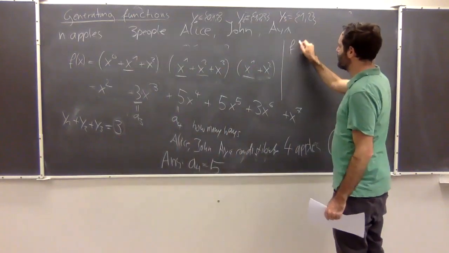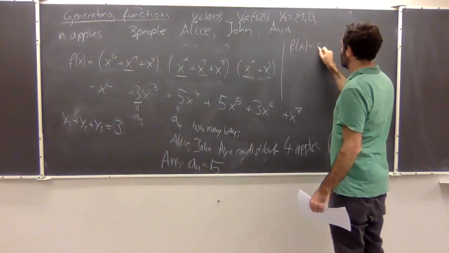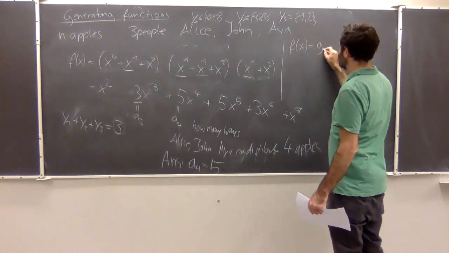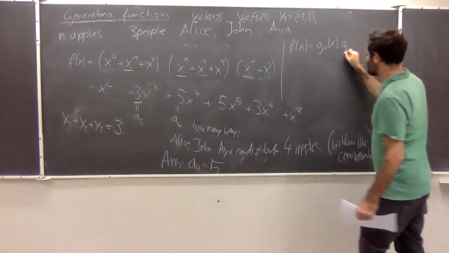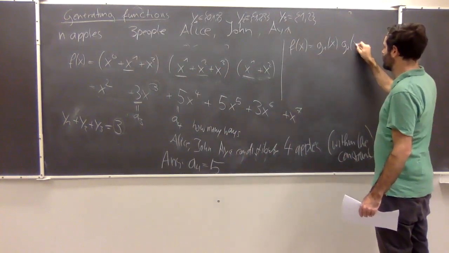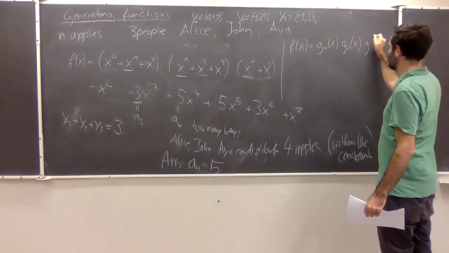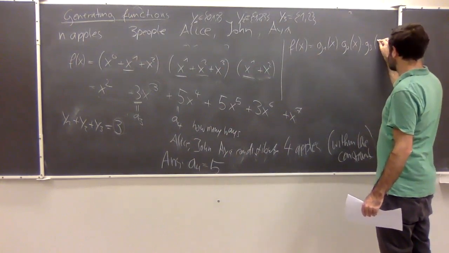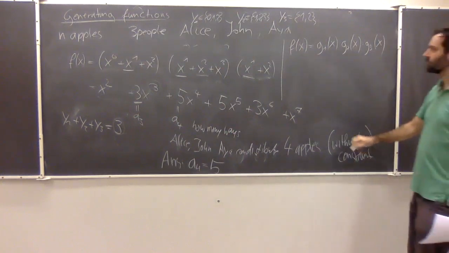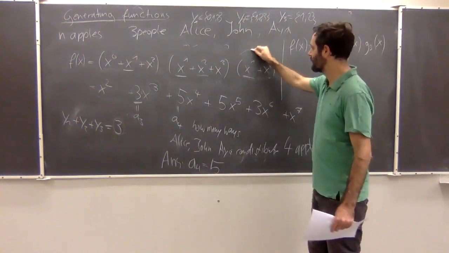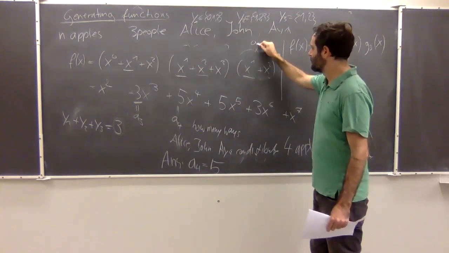You could write f as the product of a G1 for Alice times a G2 for John times a G3 for Aya, so this one is my G3 of x.